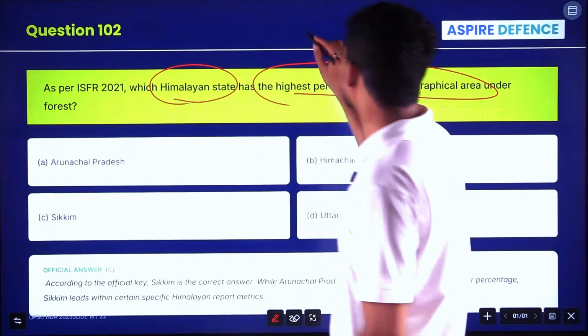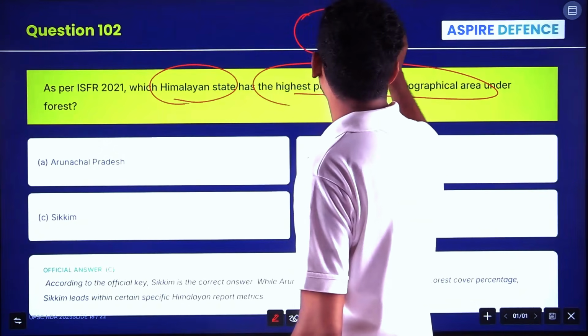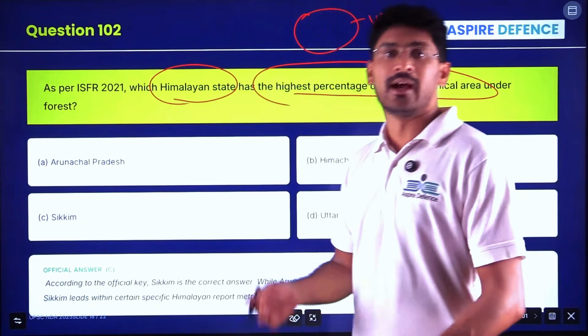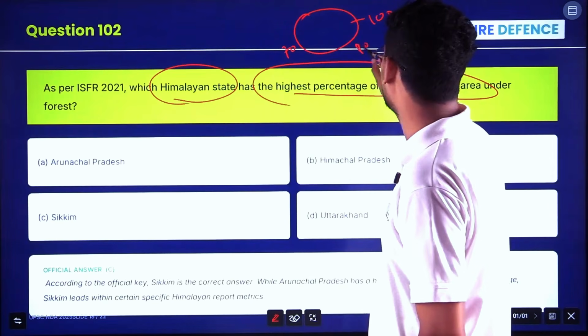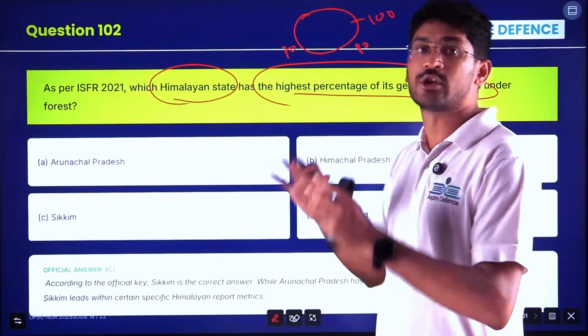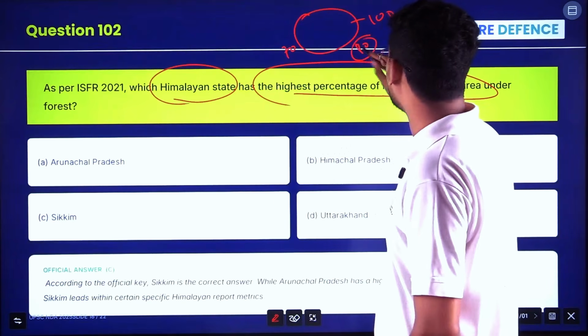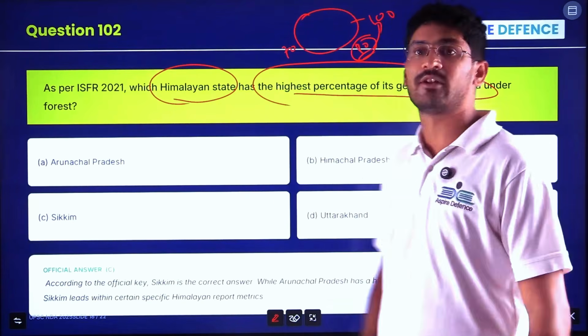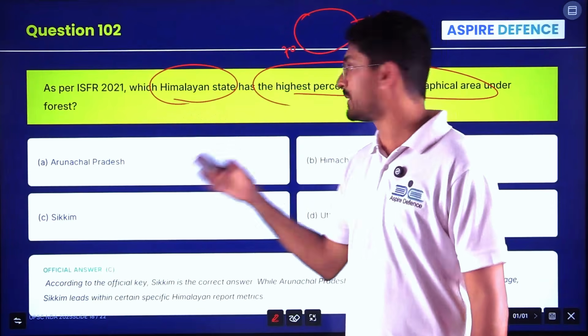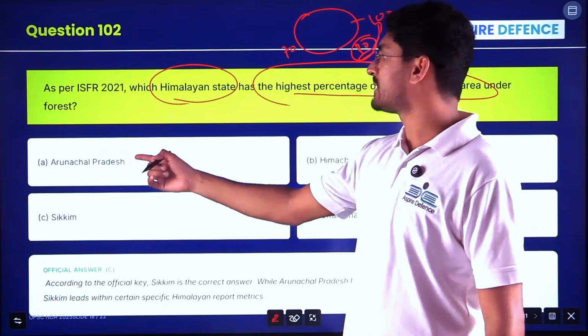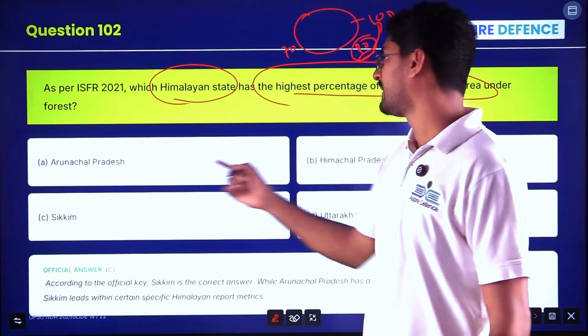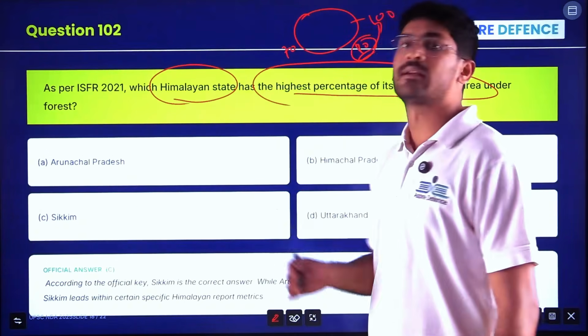He has asked which state has the highest. For example, if one state has 70% and one has 80% of its area as forest, not the total forest area, then the state which has 80% will have the highest forest with respect to the geographical area of that state. So the options are Arunachal Pradesh, Himachal Pradesh, Sikkim, Uttarakhand.